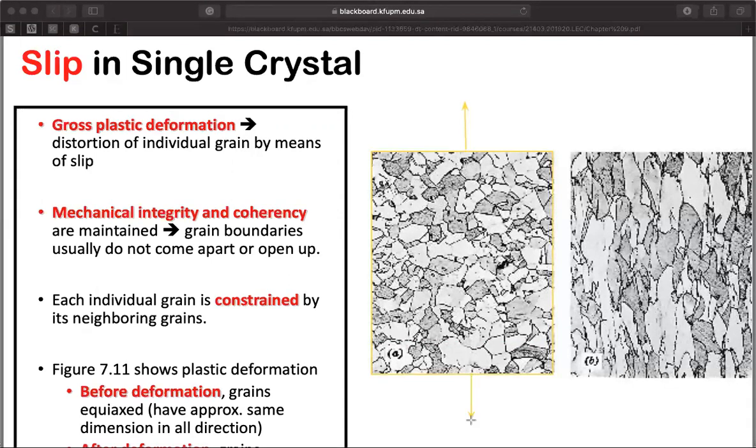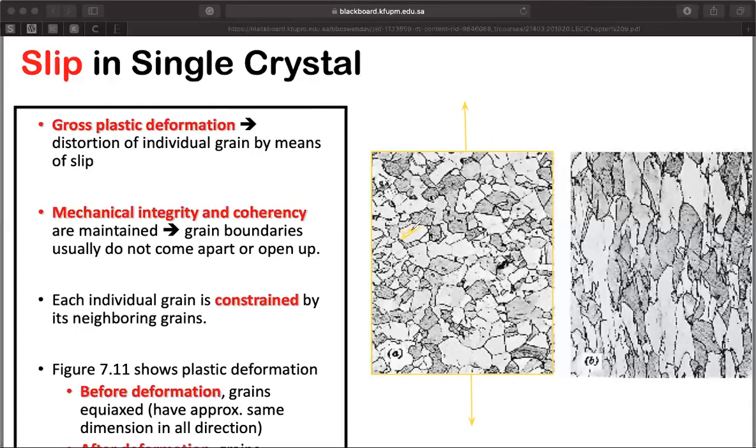Well, if a certain grain is favorably oriented in a way that will activate its slip system, then let's assume this grain here starts to activate first. The dislocation will start to slip on that plane.